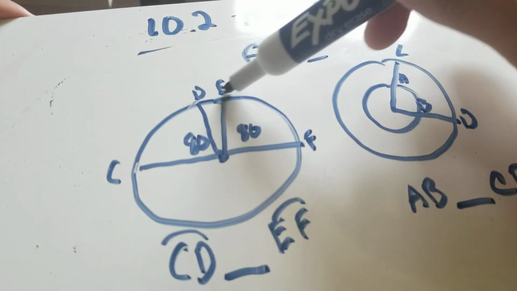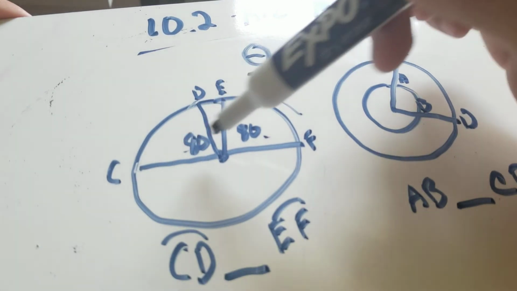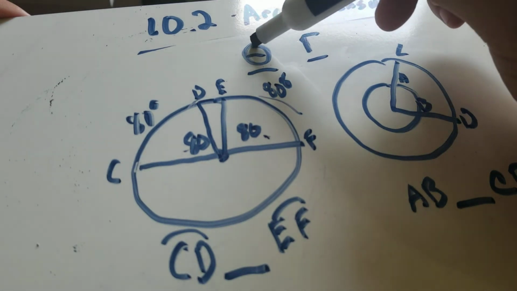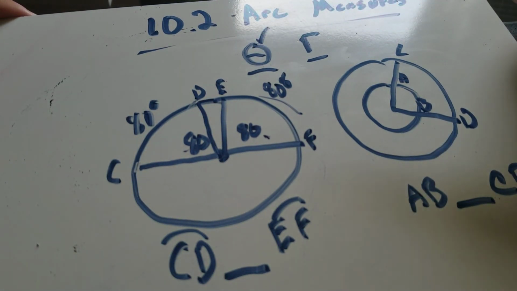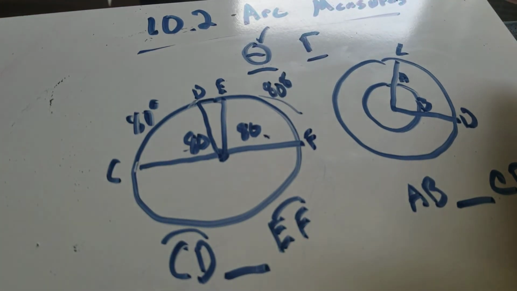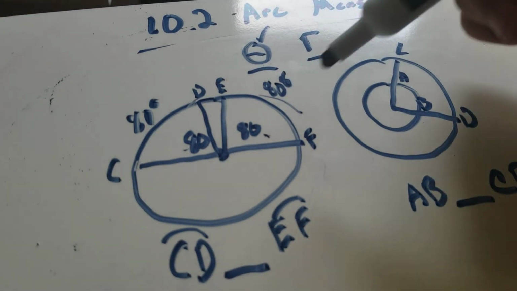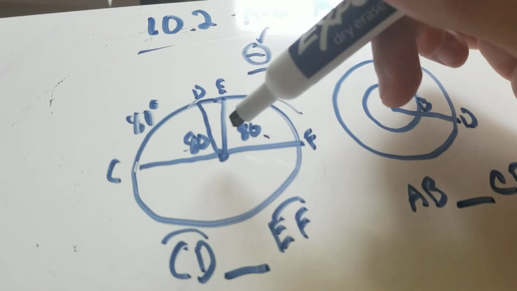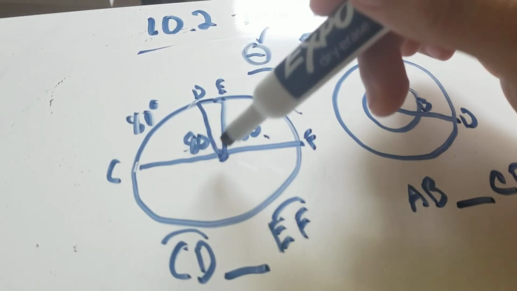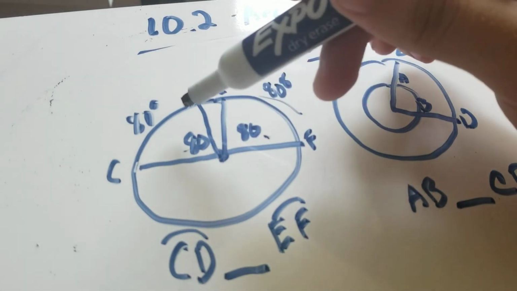Well, CD and EF, the arc measures are the same. This is 80, this is 80. So that means the arc measure is 80 degrees, and this is 80 degrees. So that checks off. We're good with that. Now, the radius. I don't have any indication on a radius, and that's on purpose. But if this is truly a circle, and this is truly the center, then the radius is the same size no matter what direction I go.